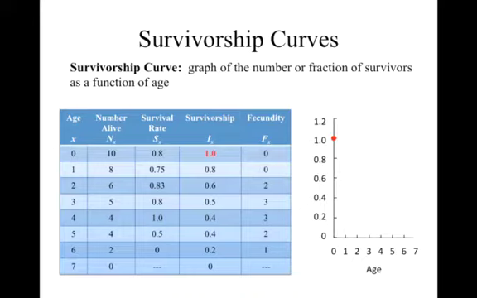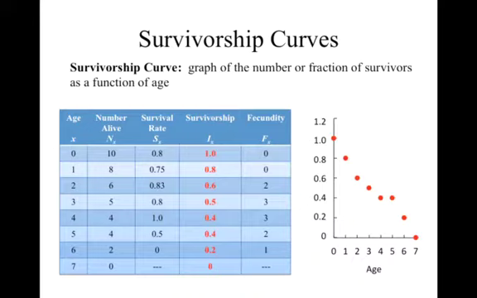So we start with 1. And then we can look at age 1. How many survived? In this particular example, 80% or 0.8. And then we look at age 2, 60%, age 3, 50%, age 4, 40, age 5, 40, age 6, 20, and age 7, nobody's alive anymore. So that graph there is what we call a survivorship curve.